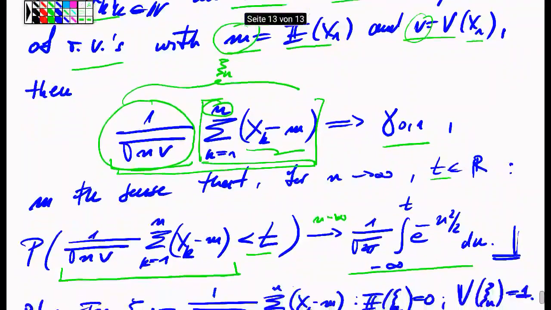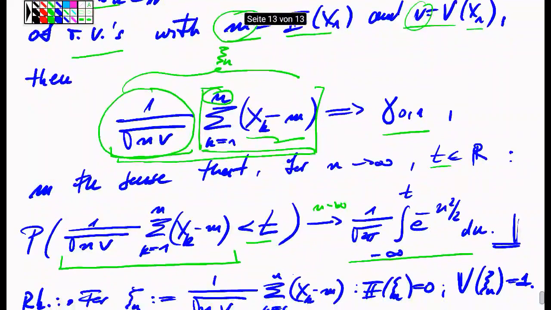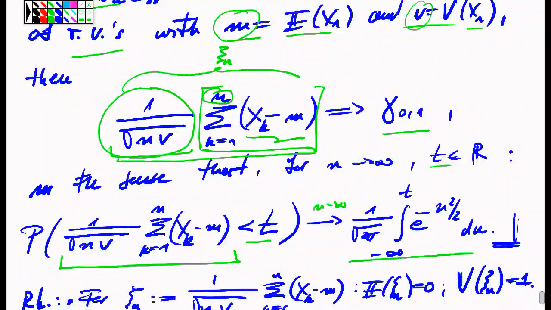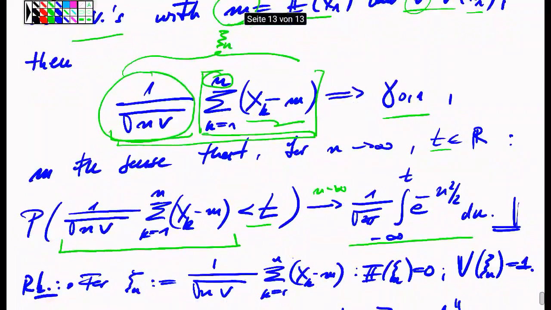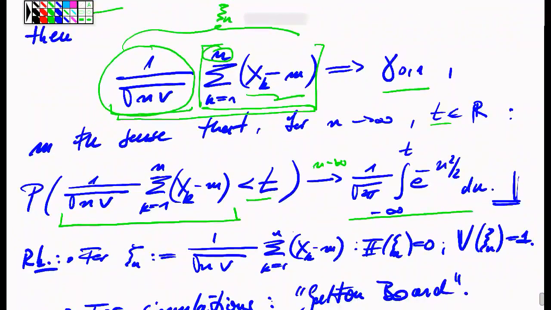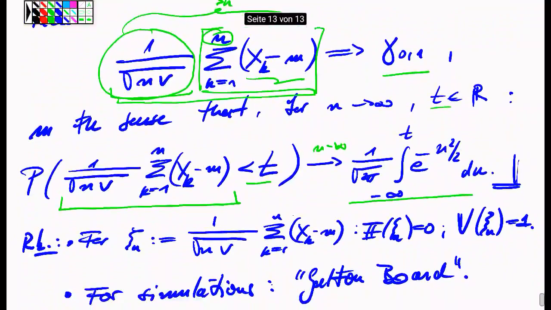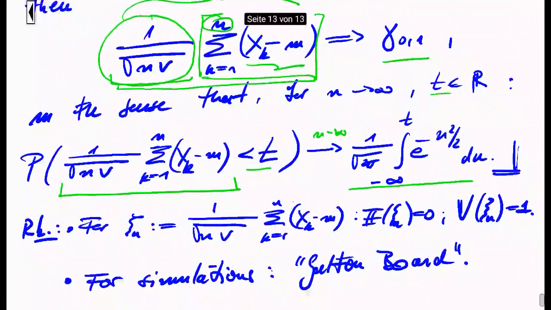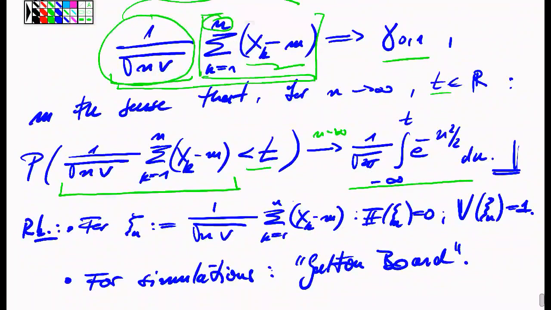The only thing that really comes into play for the central limit theorem to hold is the mean and the variance. Then if you properly form a sum of these xk, this properly standardized and normalized sequence of sums will converge to a standard normal distributed random variable, in the sense that the distribution function of this sequence of random variables converges pointwise to the distribution function of a standard normal random variable.